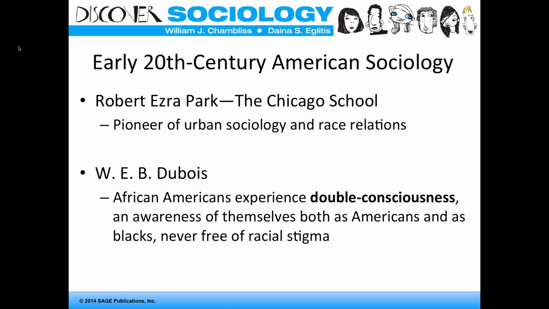There is this knowing, and another scholar later on, Bell Hooks, would call that the outsider within. So you're in a social group, but you're never fully a part of it, and that's due to racial stigma. And when we talk about race in the following lectures, we're going to come back to Dr. Du Bois because he's really foundational in understanding the field of critical race theory.